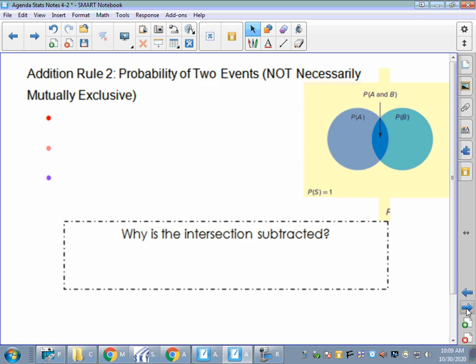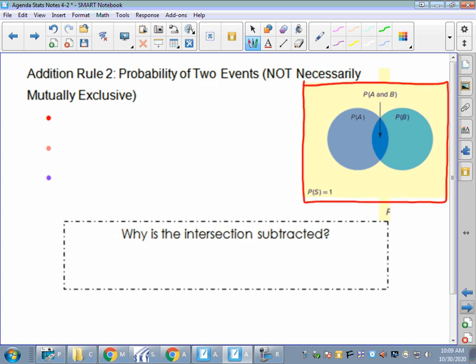All right, so the probability of 2 events that are not mutually exclusive. So notice in our Venn diagram, I've got 100% is here, whatever that is. The whole box has to add up to 1. And notice my probability of A is this bubble. And then I've got that overlap, probability of B. So I've got a whole big bubble that is the probability of the first event, a whole big bubble that is probability of the second event, but they overlap.